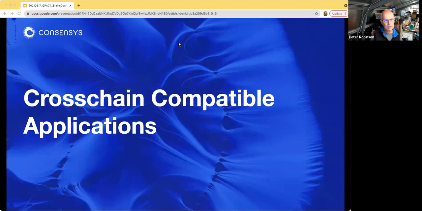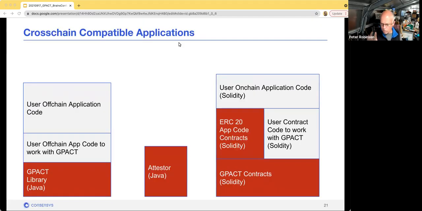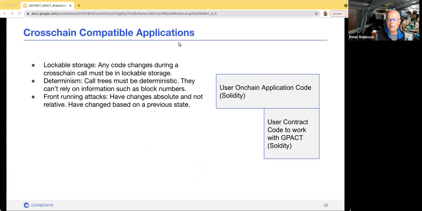It's now worth thinking about, are there any limitations? What are the limitations on the application? So recall this diagram here. On chain, you're going to need to be using lockable storage.